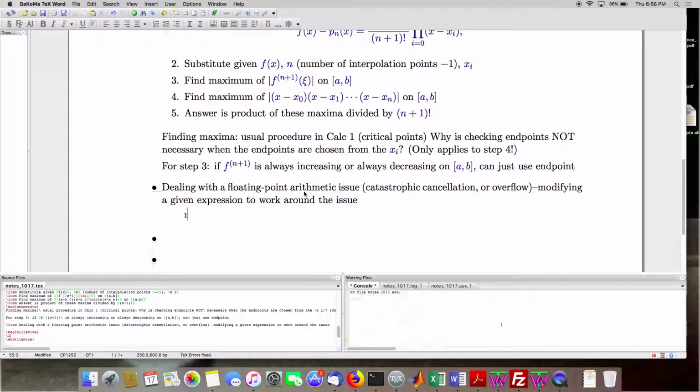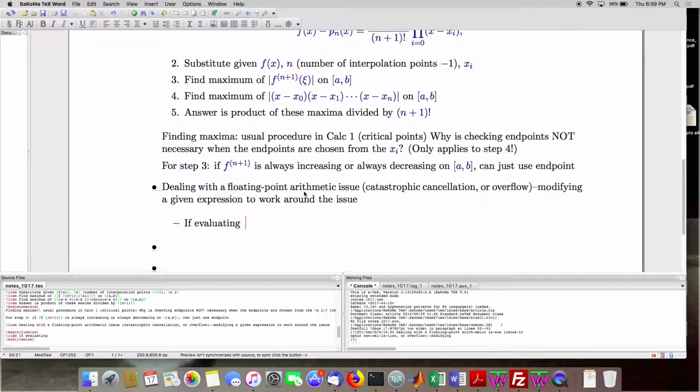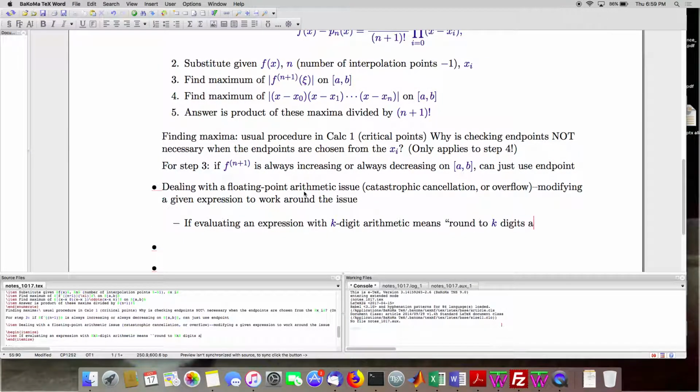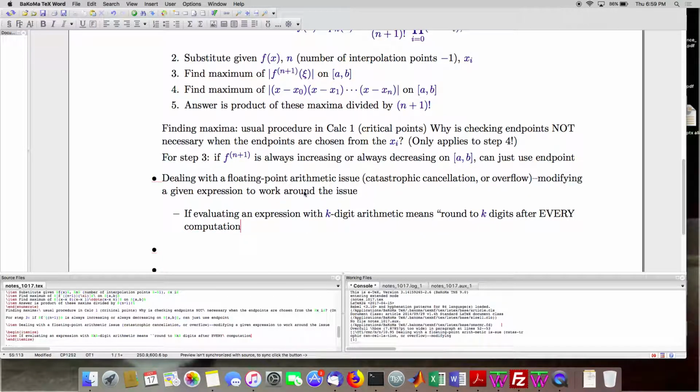If evaluating an expression with, say, k-digit arithmetic, what that means is round to k digits, that's lowercase k, after every individual computation you do.